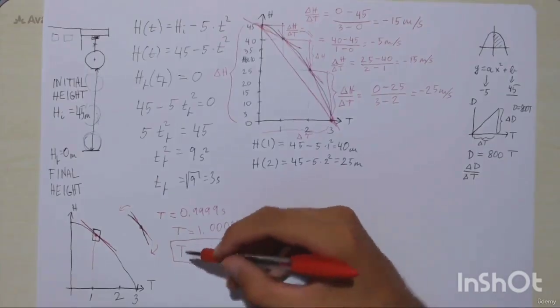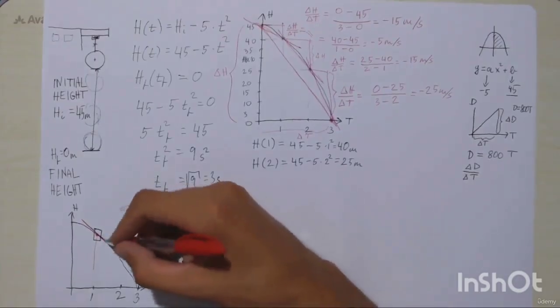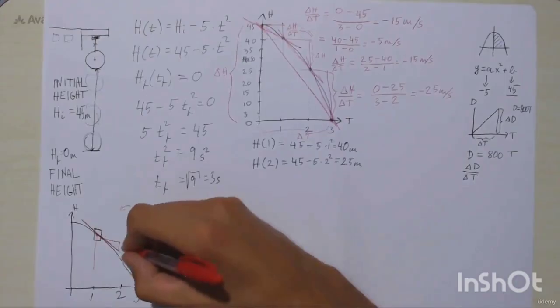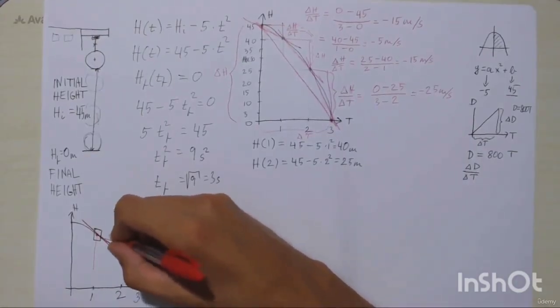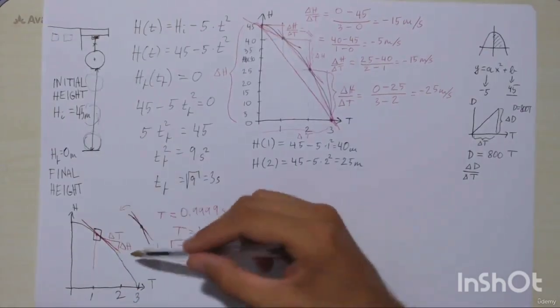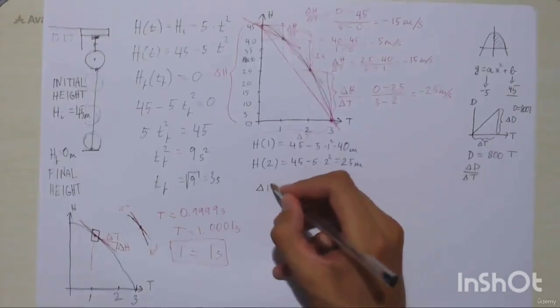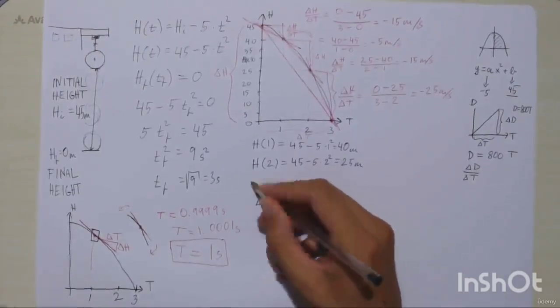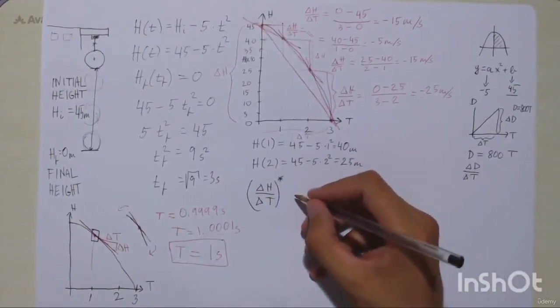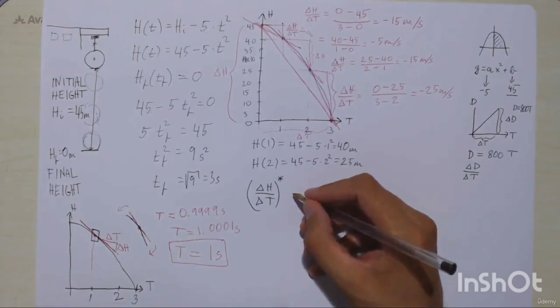And then, when I have this straight line, I just take delta h and I divide it over delta t. And that delta h over delta t that I will denote with a star is called an instantaneous change.